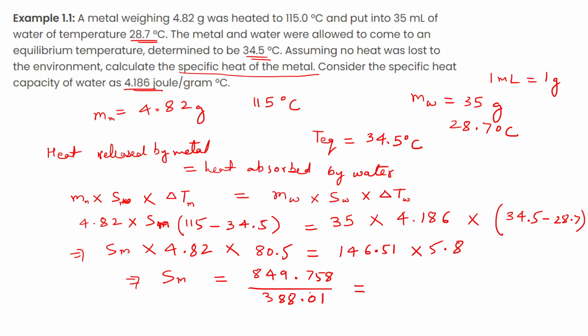So 849.758 divided by 388.01. What I'm getting is 2.19 joule per gram degree centigrade. So this is the value we are getting for this particular material. So this is the answer.